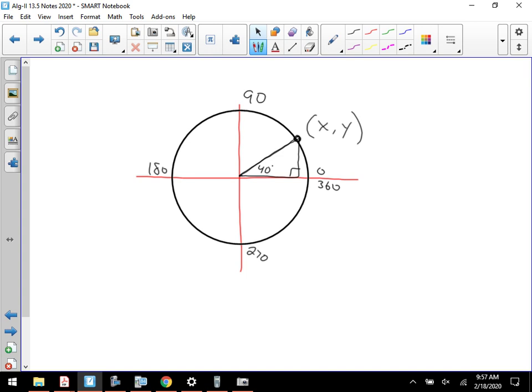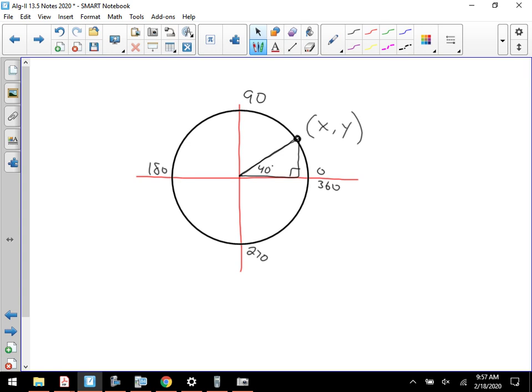In the idea of ordered pairs, are x and y positive or negative in the first quadrant? Positive. Are they both positive? Yes. Okay. What happens when it goes to the second quadrant? Y is positive, x is negative. What happens when you go to the third quadrant? Negative, negative. Okay.